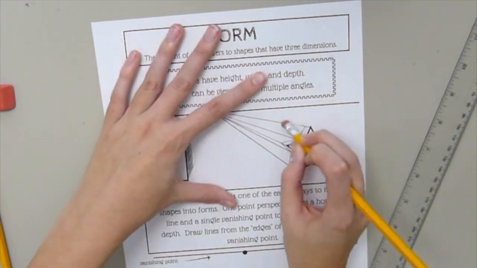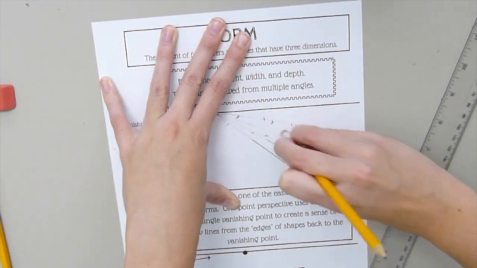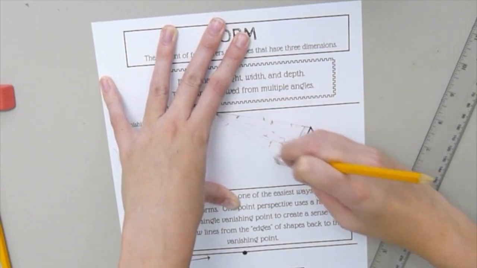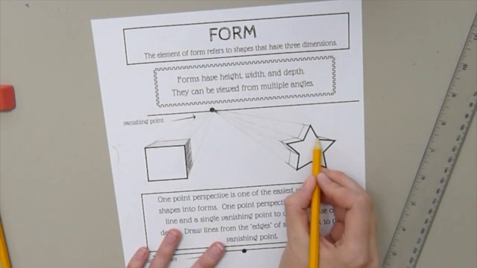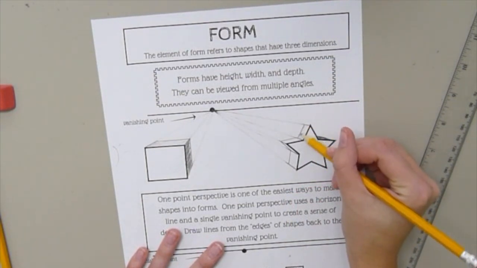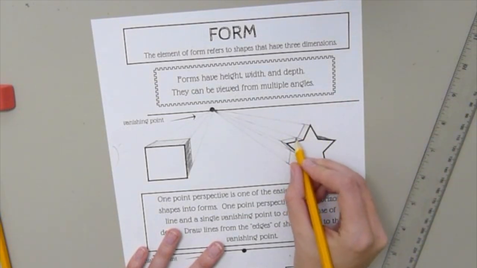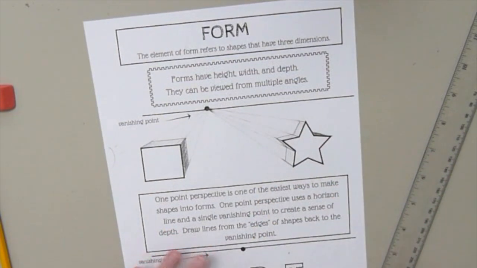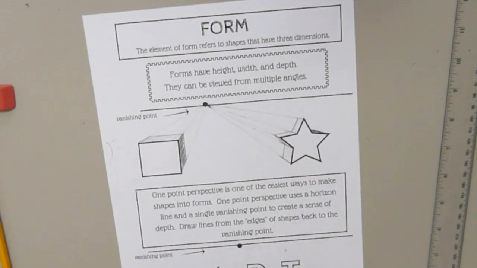And now I can erase the lines that go to my vanishing point. And now I have my star. I could add some shading if I wanted to, if my light was coming from this direction. Alrighty, so now we're done with our 2 shapes, and we're going to move onward.